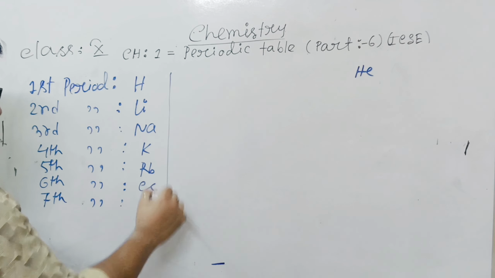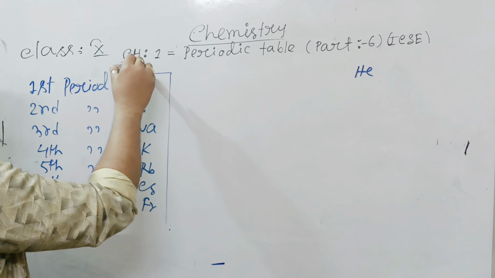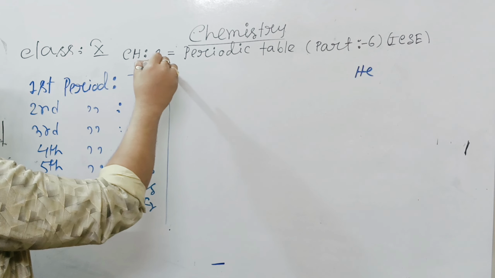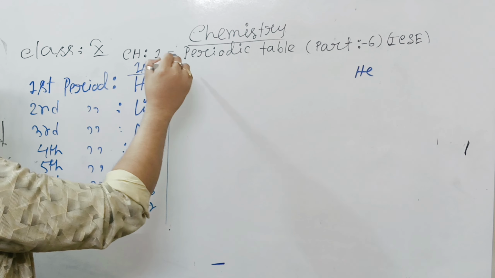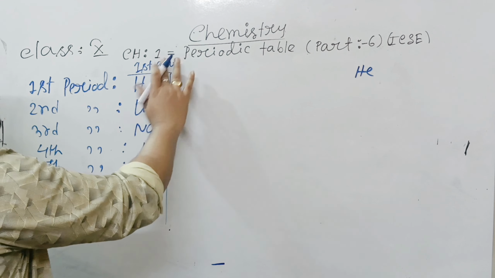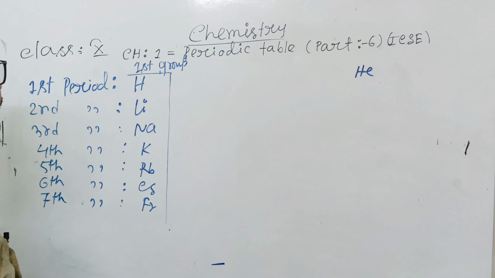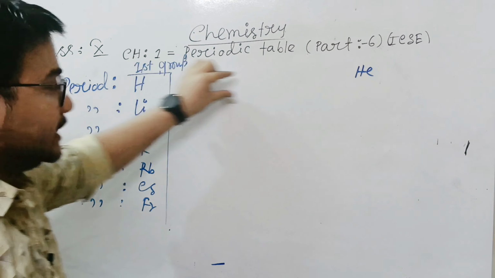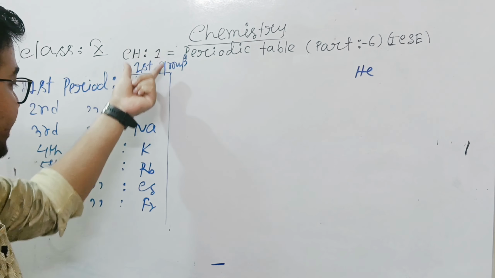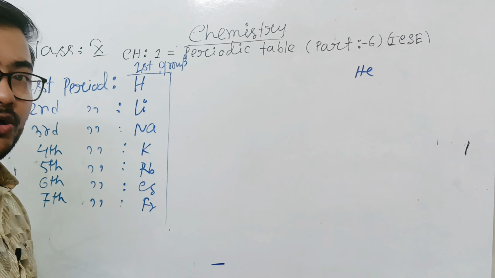Now this is known as the first group also. So left to right is a period, and as you move downwards it is called a group or column.